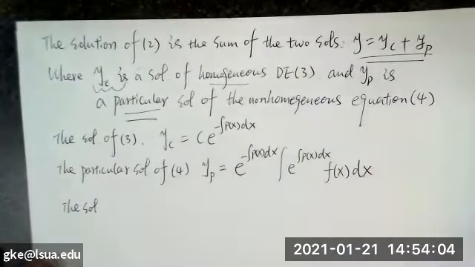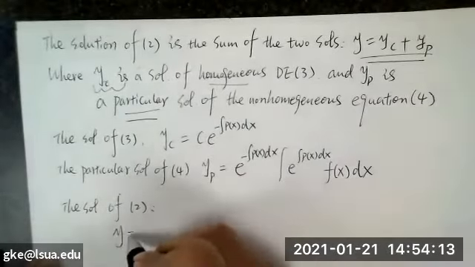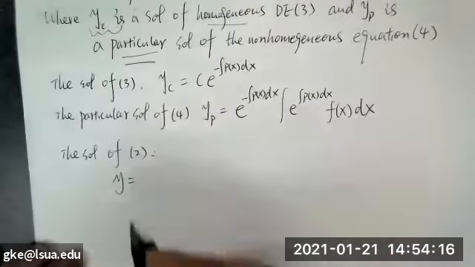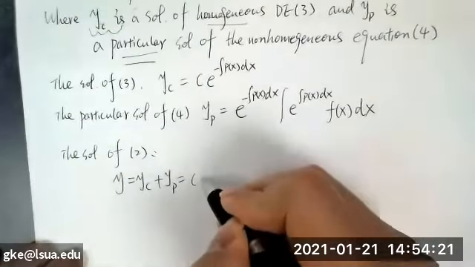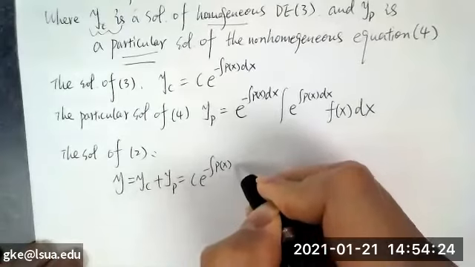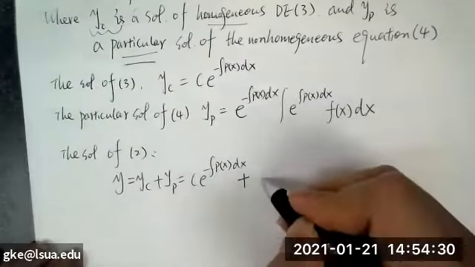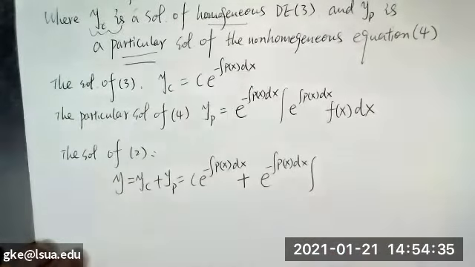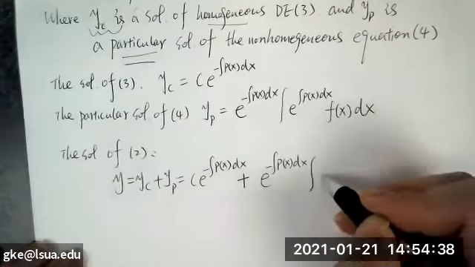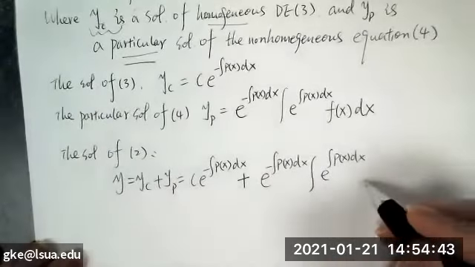So the solution of 2 can be written down as y equals YC plus YP equals, a little bit complicated for the particular solution.